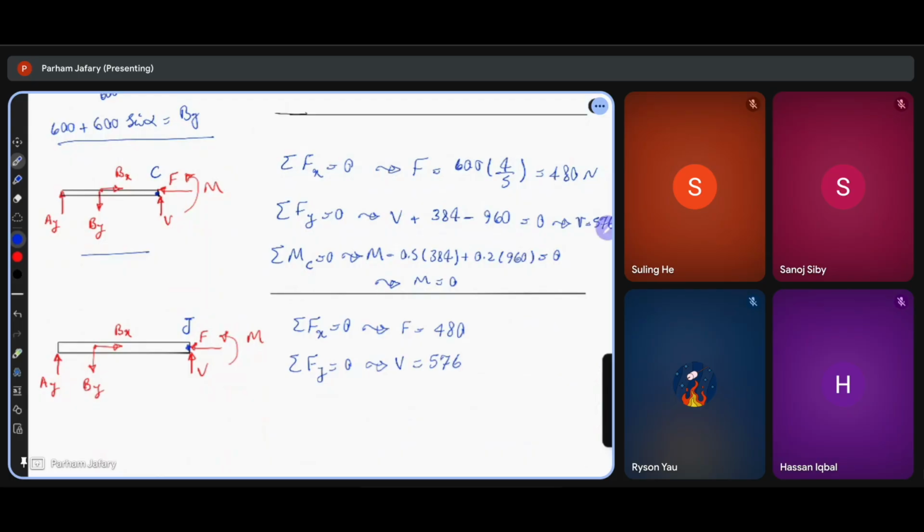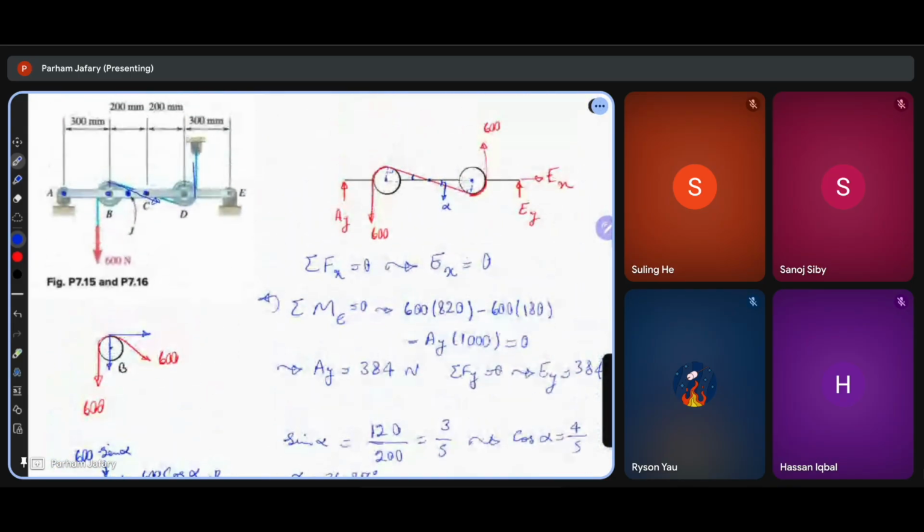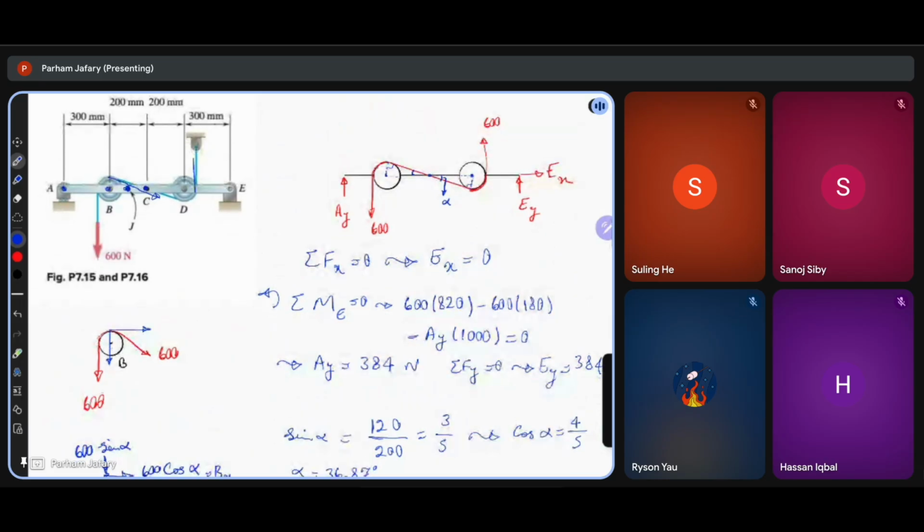So their axial and lateral internal forces are exactly equal to each other. Okay? Between point B and point C. And the same as if I had taken this point D. But if I go here, because we have an external force here, then the vertical will be different. Anyways.